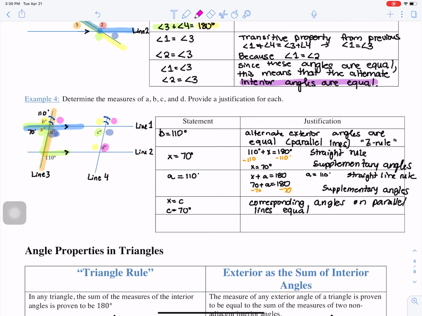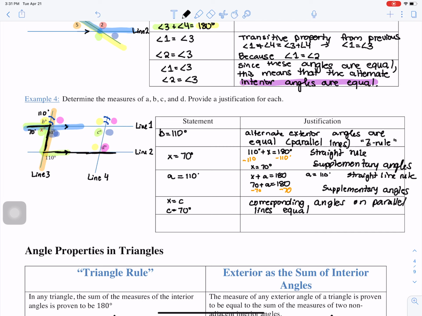But if you want to look at D, because we have a whole bunch of parallel lines here, you also want to look at the Z rule happening. So angle D is also going to be 70 degrees because of the Z rule. So if I come in with my black pen, I'm going to draw a little Z rule happening.